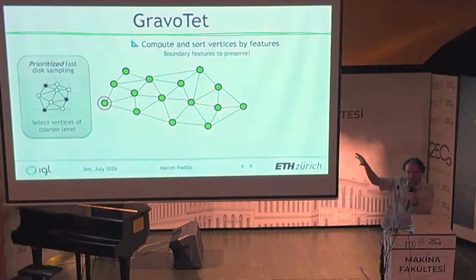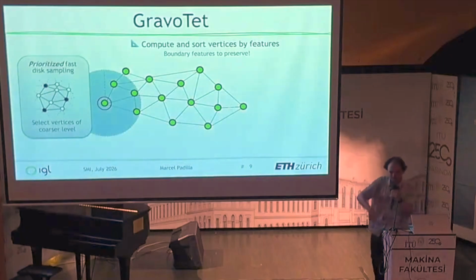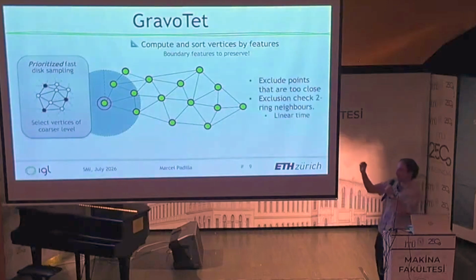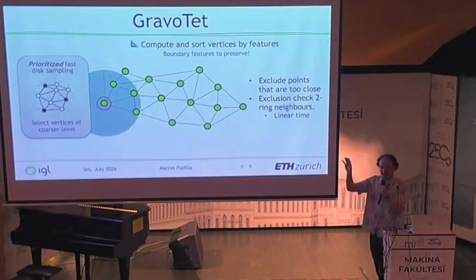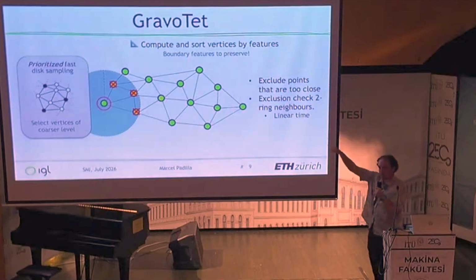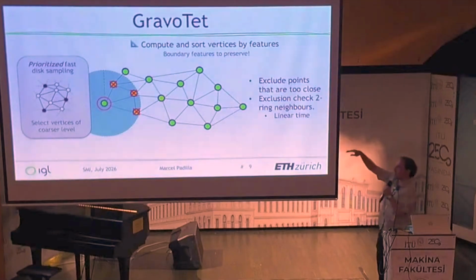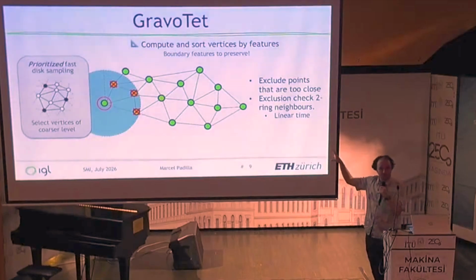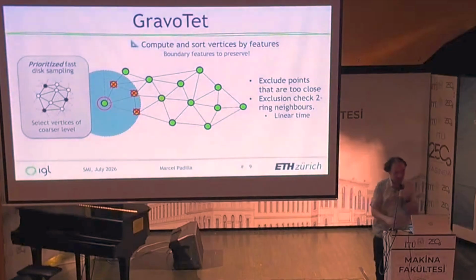And the basic method of the fast disk sampling is: take a vertex, build a radius, and instead of querying for the nearest points, we simply look at the neighbors in a 2-ring at max. And then if a vertex is too close, we say, no, remove you, go away. These red marked crossed out vertices will not be part of the next coarse level.